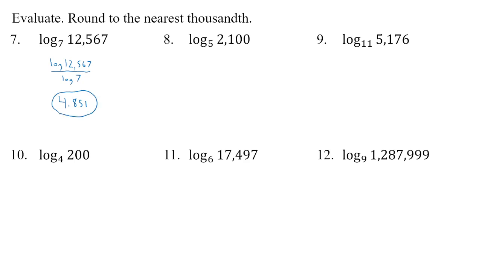Log base 5 of 2,100. So this is what you're going to enter: log of 2,100 divided by log of 5. And you would get 4.753.